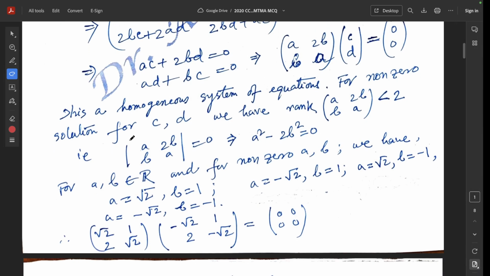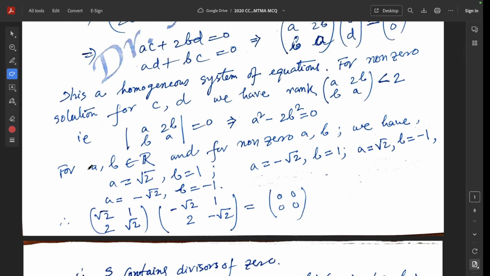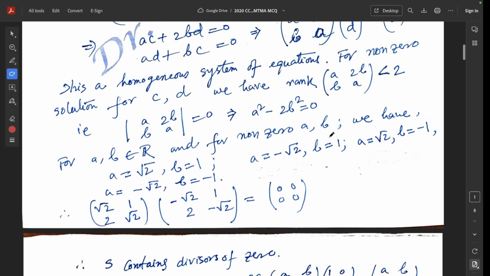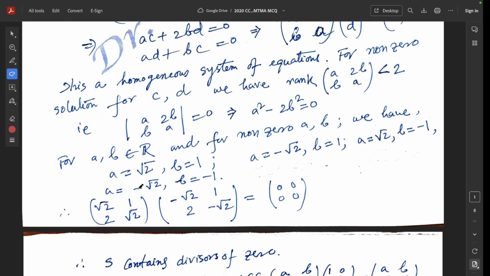Then the determinant of [[a, 2b], [b, a]] equals 0, that is a squared minus 2b squared equals 0. For a, b belonging to the real numbers and non-zero, we must have either a equals root 2, b equals 1; a equals minus root 2, b equals 1; a equals root 2, b equals minus 1; or a equals minus root 2, b equals minus 1.